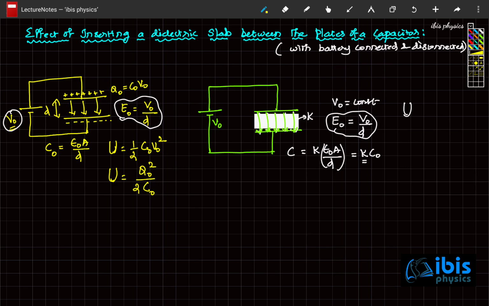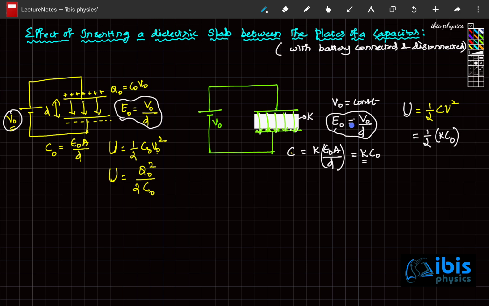Now what is the energy after inserting the dielectric? We know that V0 does not change in this case, but what has changed is the capacitance. It is KC0. So in half CV square, we substitute C as K times C0 and V is still the same, V0 square.